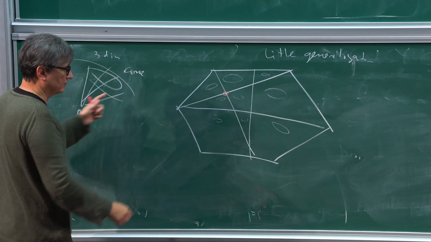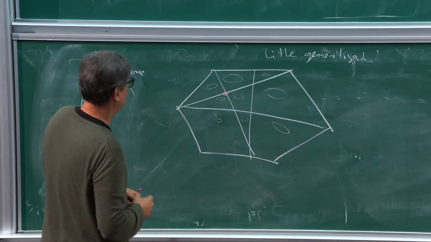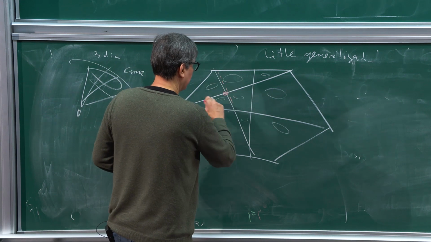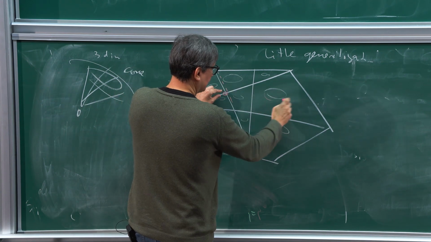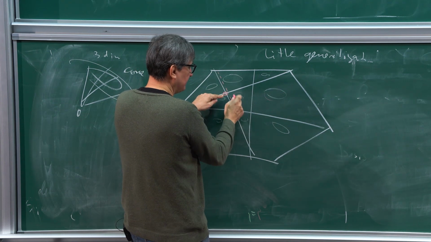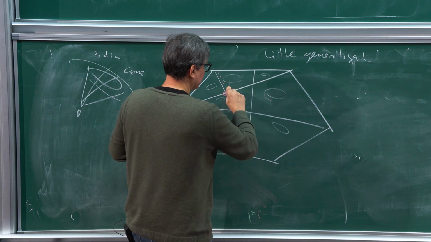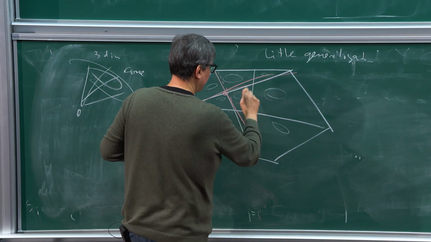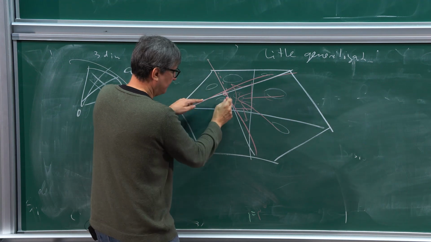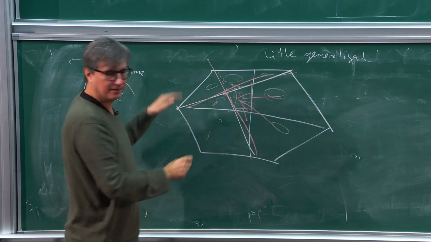For example, if it is a point, it will be the following. If I take any other chamber, I can walk to this point and approach through some nearby chamber. So I go like this. Everything here collapses to this one, everything here collapses to this one, and so on.